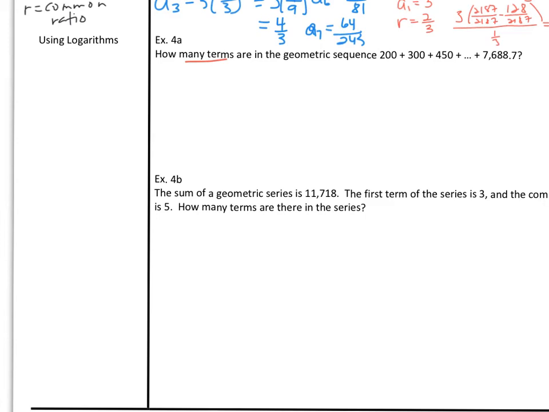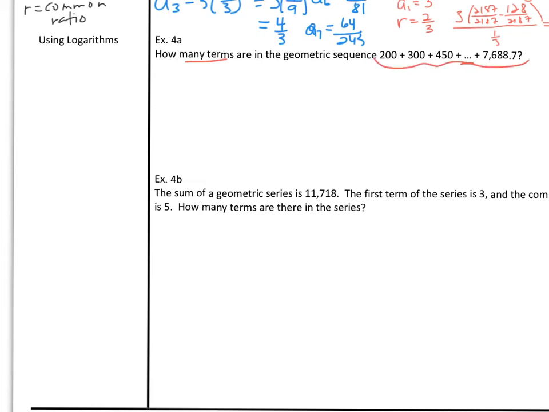That was a crazy formula way back in our first topic. Well, this formula is going to be just as interesting. How many terms are in the geometric sequence 200 plus 300 plus 450 plus ... plus 7,688.7? We need to know how many numbers are in that grouping to figure out how many terms there are total in that sequence.